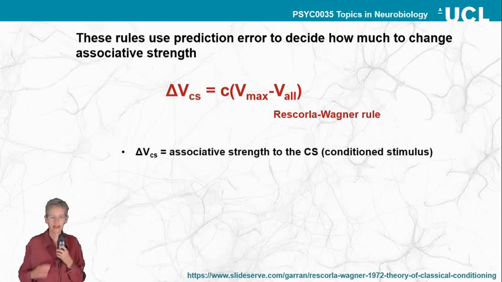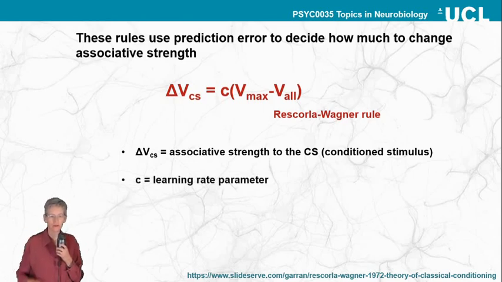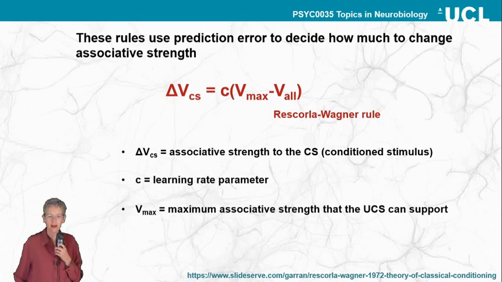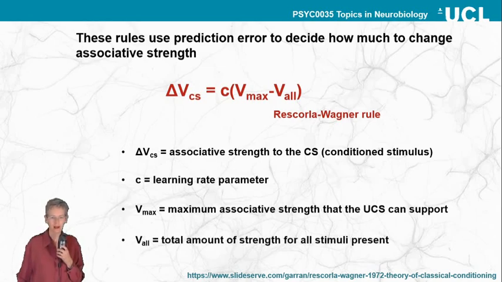What it says is that the associative strength to the conditioned stimulus, in other words, how much the rattling of the bowl makes the dog think of food, is a product of some constant, which just regulates how quickly these changes happen, the learning rate parameter, times the difference between the maximum associative strength that the UCS can support, so what's the strongest expectation that a dog can have that food is about to arrive, and the current total amount of strength for all the stimuli present.